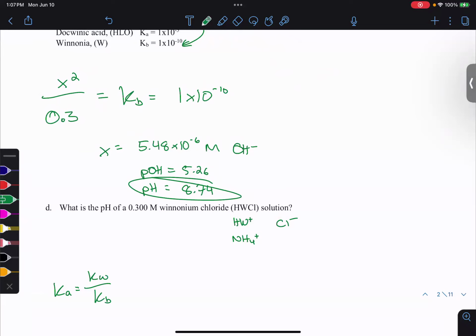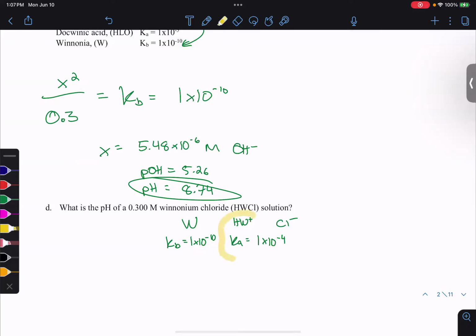Winonia is W, so that has a Kb of 1 times 10 to the negative 10. So that means winonium, HW plus, has a Ka of 1 times 10 to the negative 4, because these two multiplied together have to equal Kw.